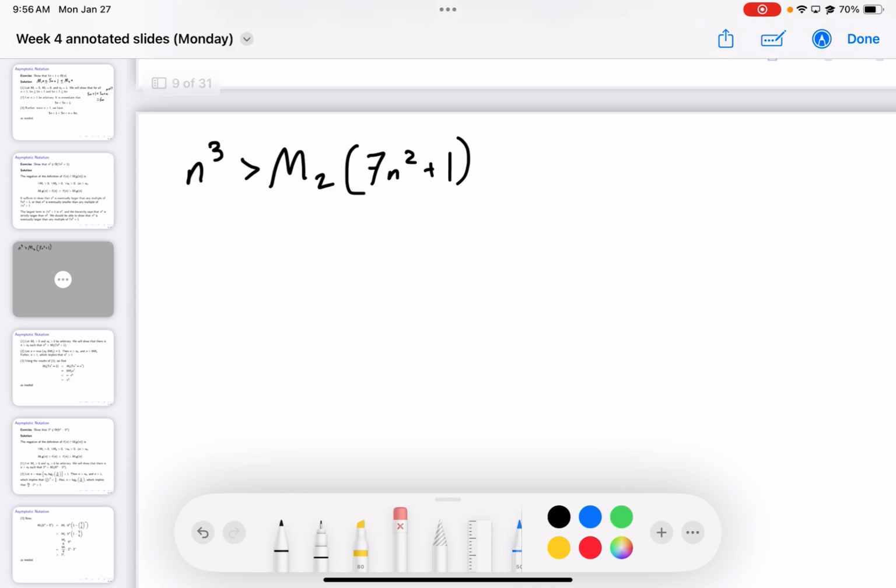We have two sides of an inequality. We want to solve for n. It's not really feasible right now because one of the sides has multiple terms. So we want to find a new expression, sort of in between the two sides of the inequality, that's easier to compare with the other side.